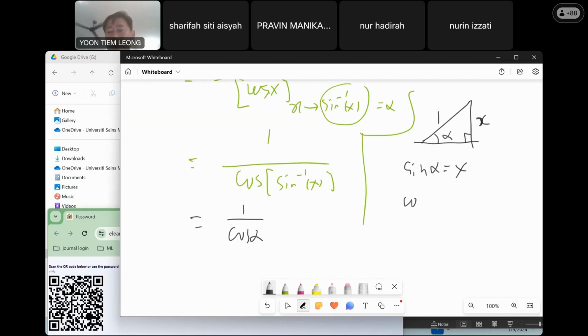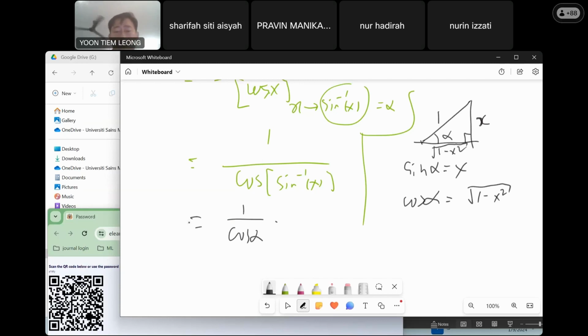From here, you can easily obtain cos alpha to be the ratio of the adjacent to the hypotenuse. The adjacent to the alpha is the square root of 1 minus x squared. So cos alpha is the square root of 1 minus x squared over the hypotenuse, which is 1.